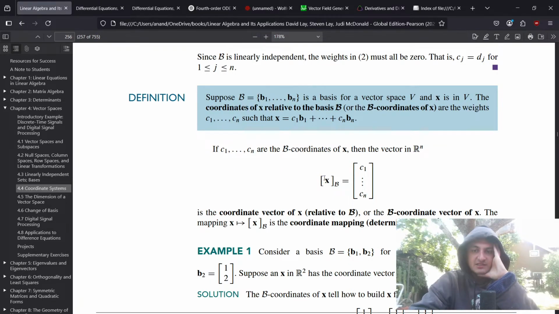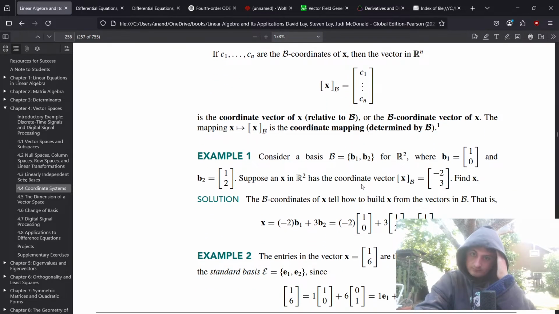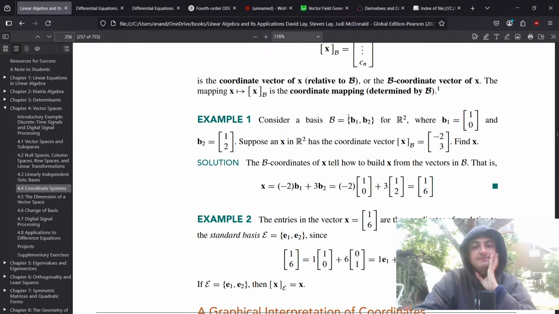So this is that x under the basis notation. If you have a basis B and you treat it like a matrix, then B times xB is equal to x. This is called the coordinate vector of x relative to B, or the B coordinate vector of x.